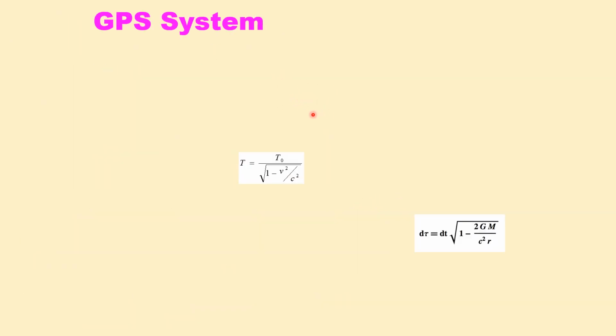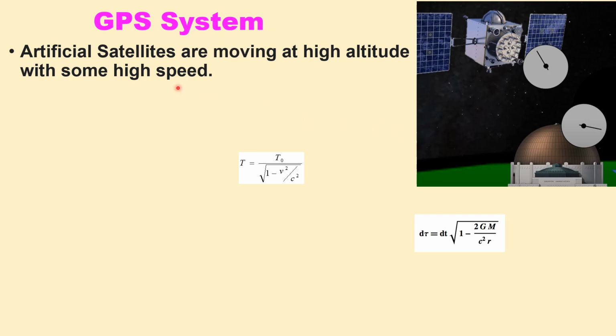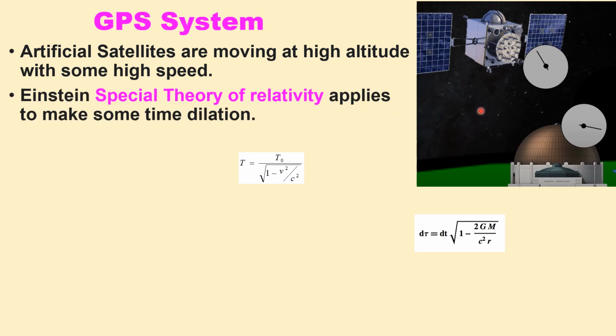Another example of time dilation is the GPS system, in which artificial satellites orbit around the Earth at high altitudes, a few thousand kilometers from the Earth, and they are also moving in orbit, so they have a high speed also. So there are two kinds of time dilation in this case.